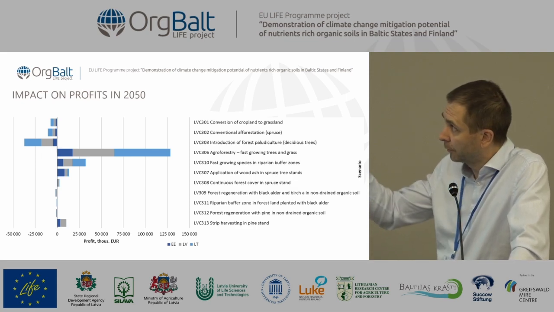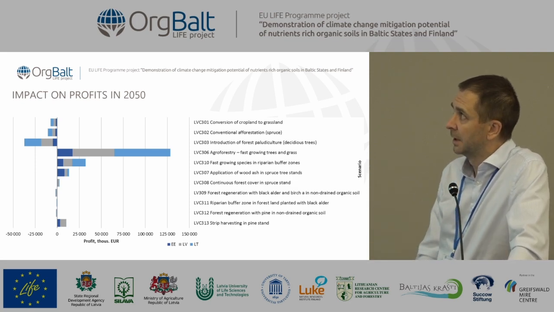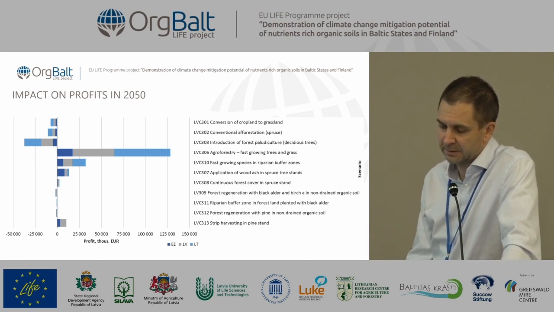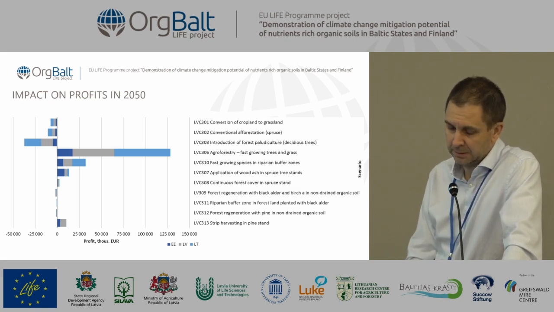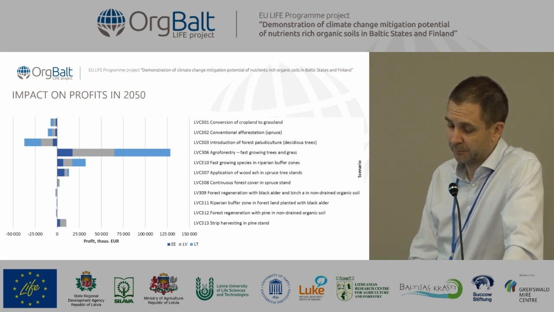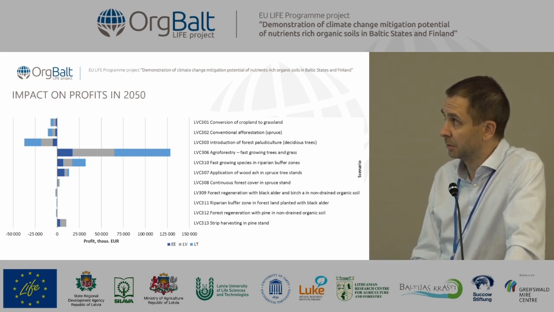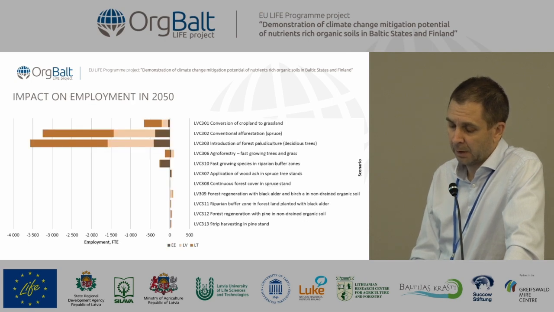I will not go into much detail, but our overall conclusion is that agroforestry has the most positive impact, and introduction of forest polyculture has a negative impact. That means that if you want to implement them, there should be quite substantial public support.